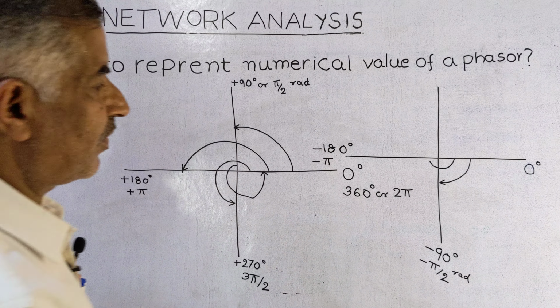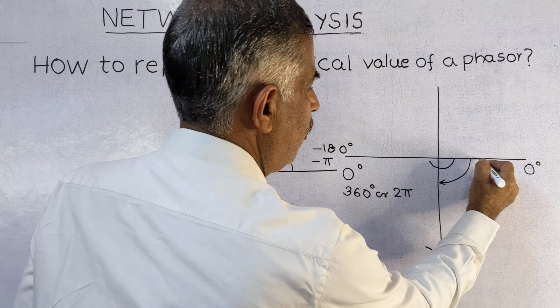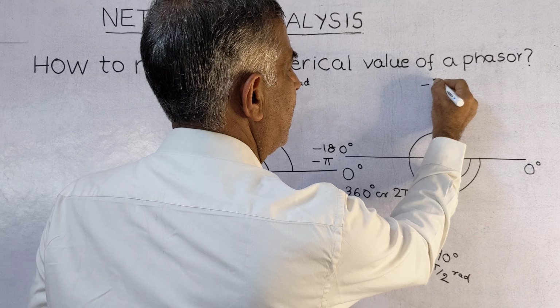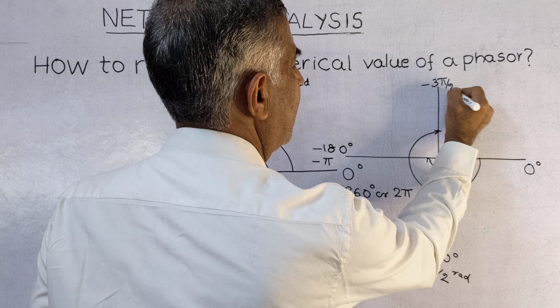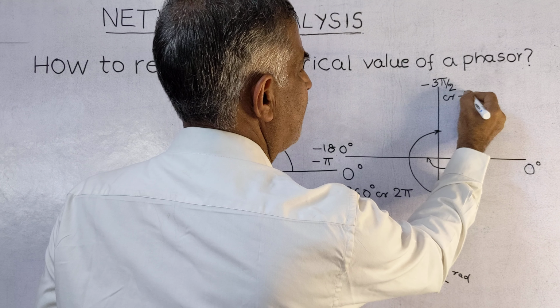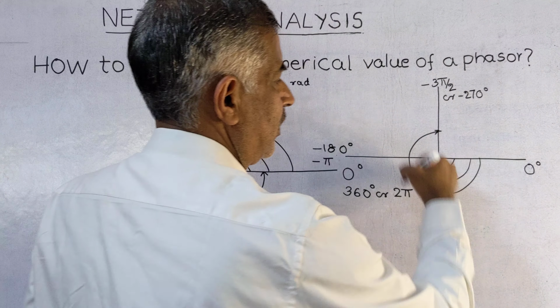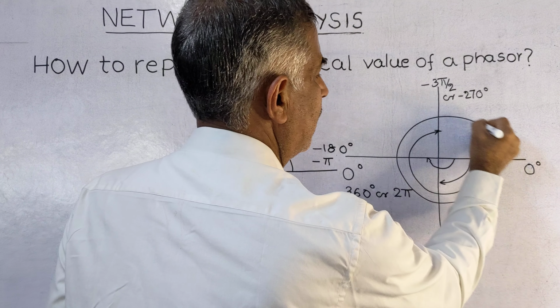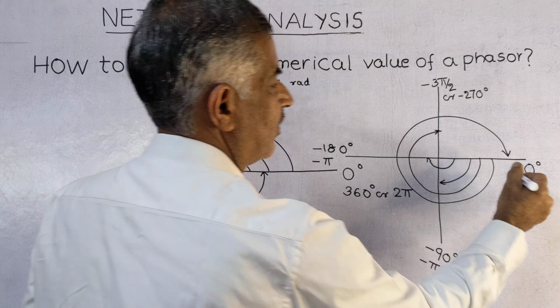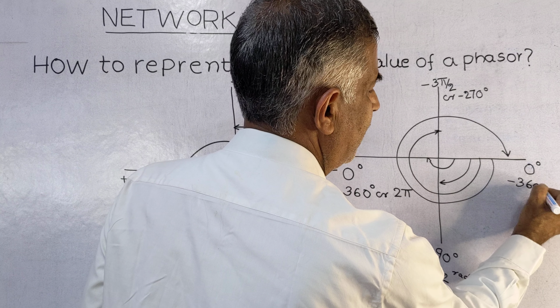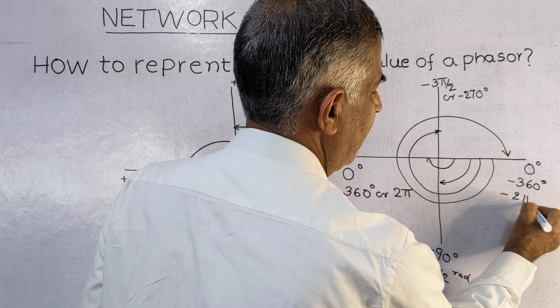Next, if you measure this angle, it is minus 3 pi by 2 radians or minus 270 degrees. Measuring this angle, you come back to this axis: minus 360 degrees or minus 2 pi radians.